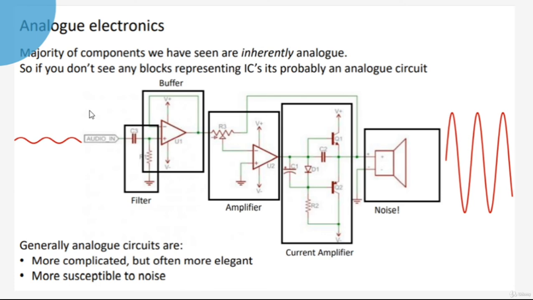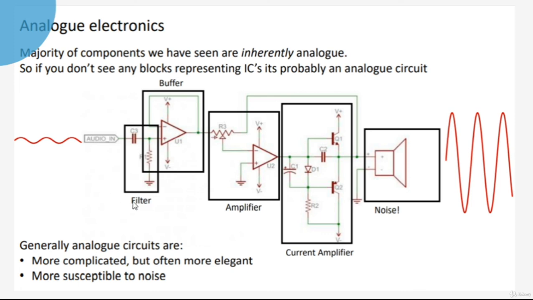So this is an analog circuit. The first thing in the analog circuit is the audio in. The audio data is being transmitted using the analog signals. First thing is the filter circuit. We have a circuit for filtering the noise.